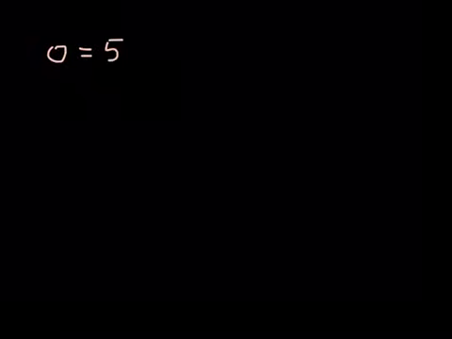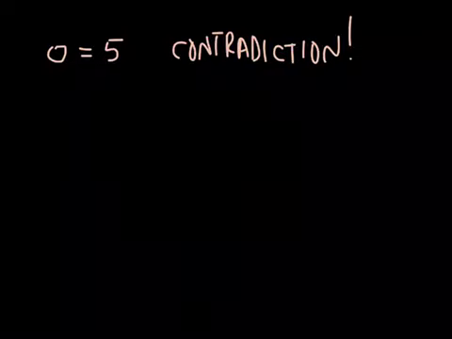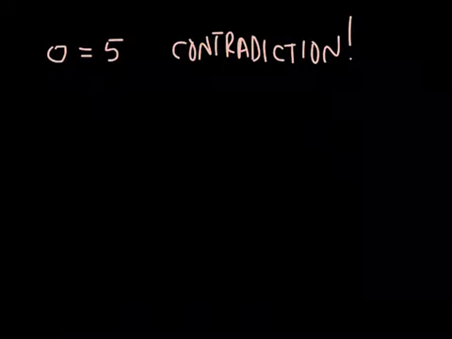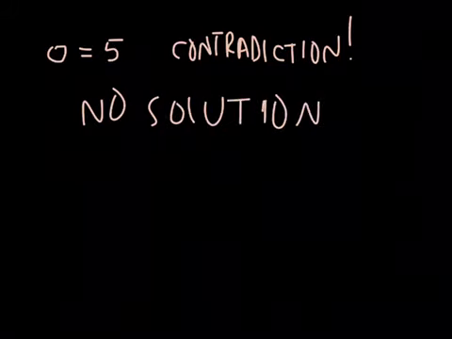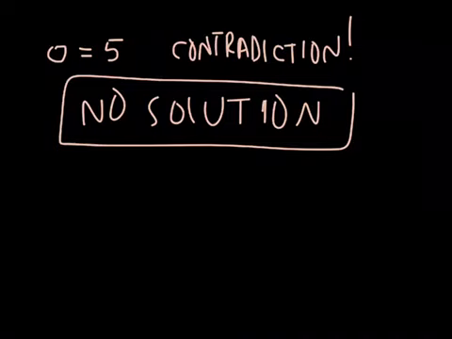If your variables cancel out in the process and you're left with a contradiction, like 0 is equal to 5, or 0 is equal to 3, or 7 is equal to 9, or something weird like that, a contradiction, it doesn't make sense, then your final answer is no solution, okay? Which just means that those conics that you're looking at, they just don't cross. They don't ever meet, okay?